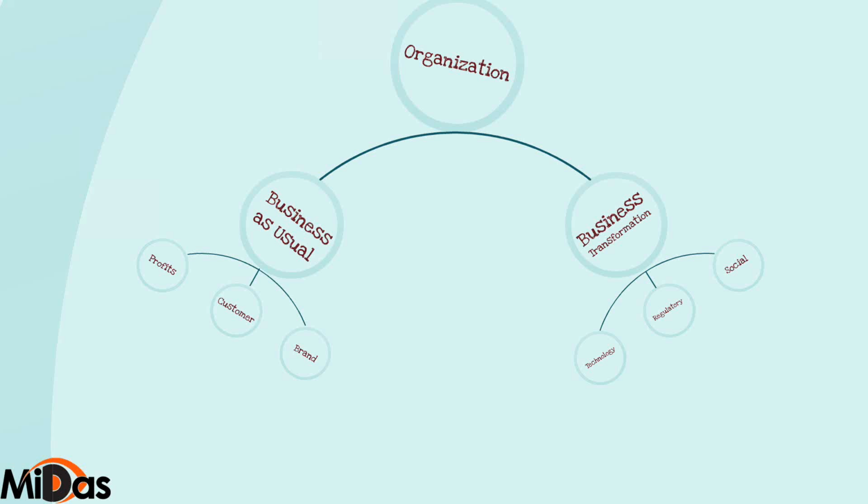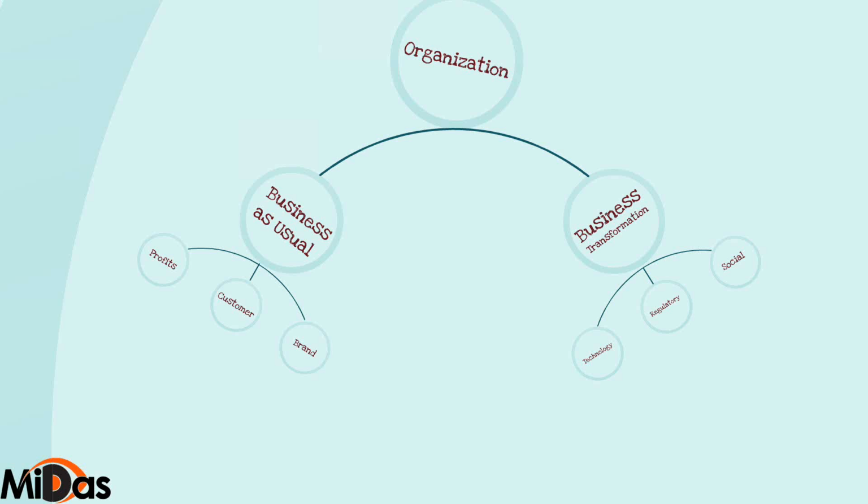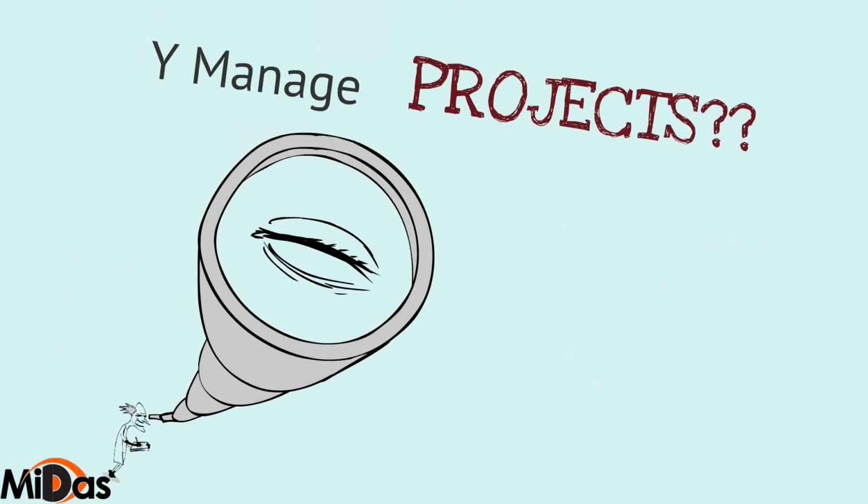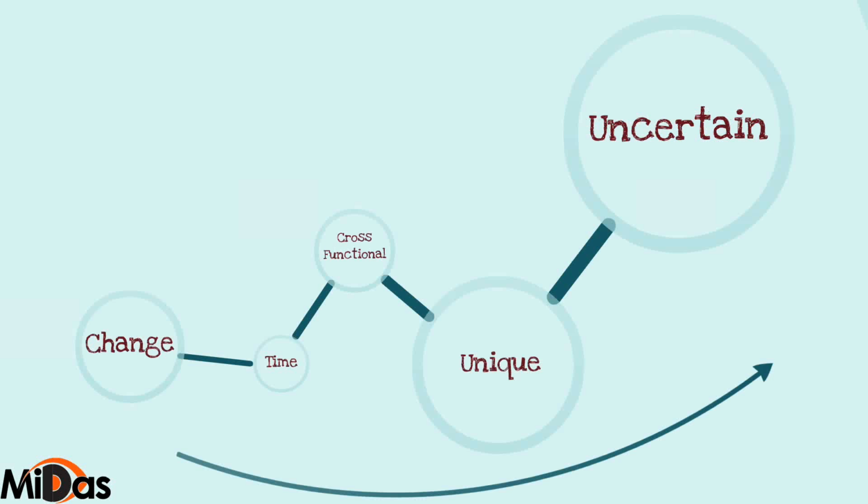So why do we actually need to manage projects? Because of these characteristics, that is change, time, cross-functional, unique, and uncertain, let's see if we can come to a conclusion about the critical aspect of project management itself. As a project involves change, there should be an accountability for that change.